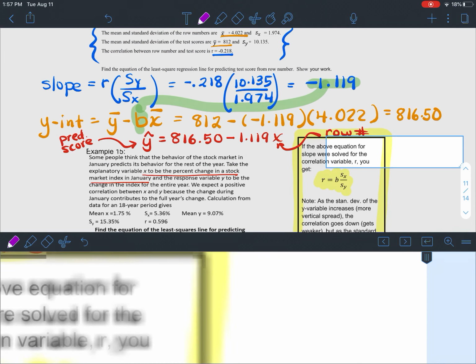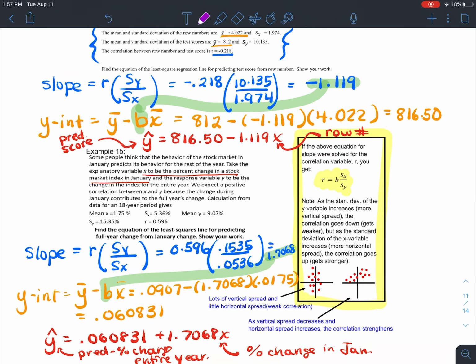I want you to think about a fraction and how its value is affected if just the denominator grows. Let me give you a quick example. If I keep the numerator of my fraction the same but make the denominator get larger, look at what happens to the overall value of the fraction.